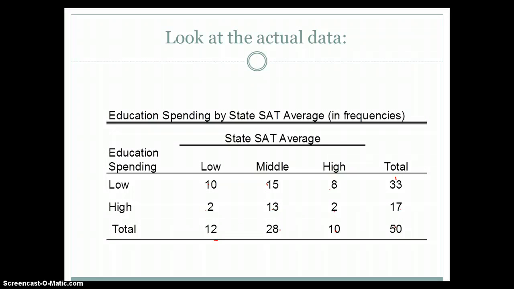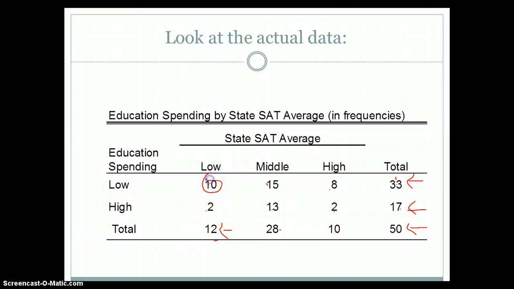If you divide each row total, here's a row total, here's a row total, by the grand total n, here's the grand total n, and you multiply that proportion, so let's say 33 divided by 50, and then we multiply that proportion by the column total, which in the case of this column is 12, that will give you our expected no relationship frequency for that cell.